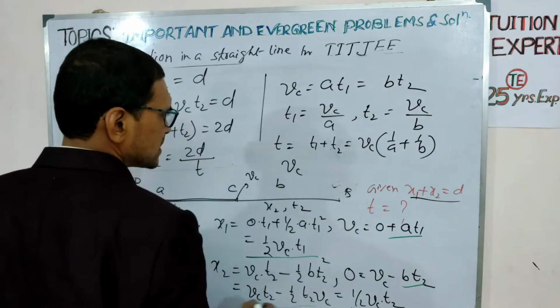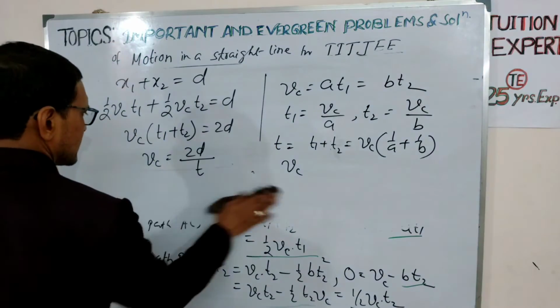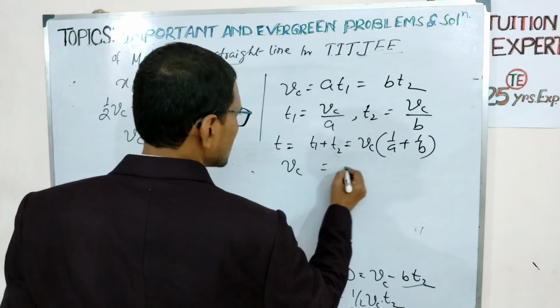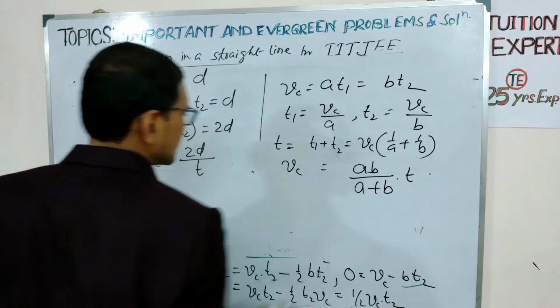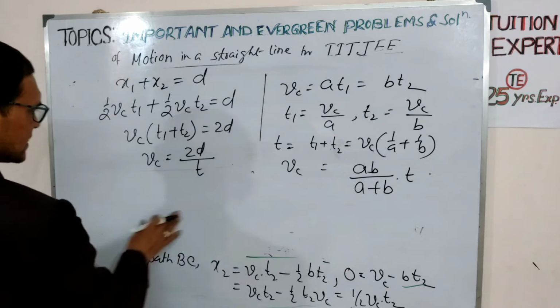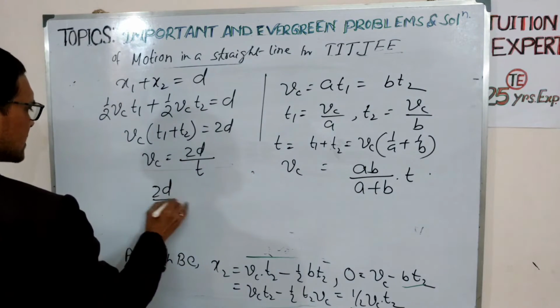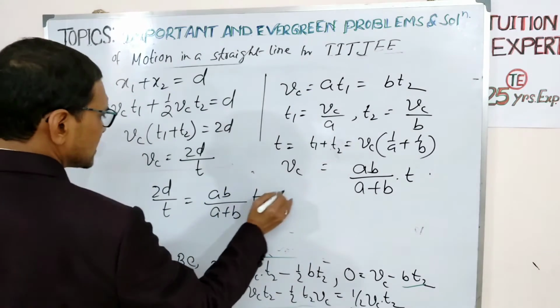From this we get vc equals ab by a plus b into t. Now we have to find t. So vc equals this and vc equals this. So 2d equals this into t.